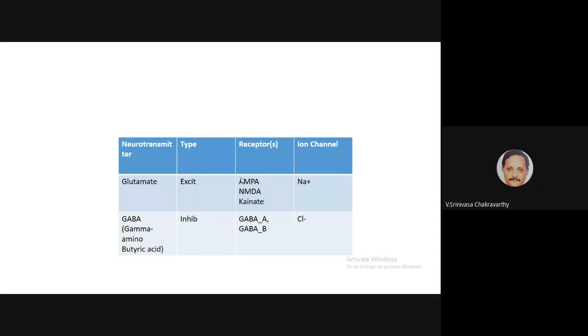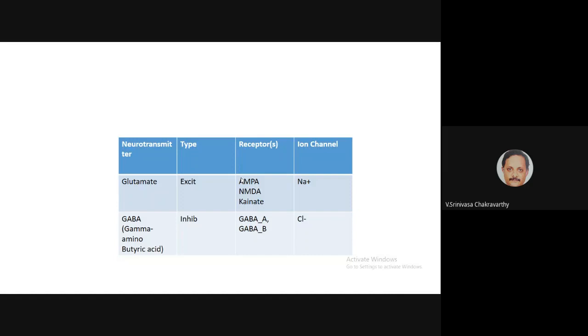When the neurotransmitter binds the receptor, the channel that opens is typically a sodium channel. That is for glutamate, and for GABA, the most commonly found inhibitory neurotransmitter. GABA stands for gamma aminobutyric acid.